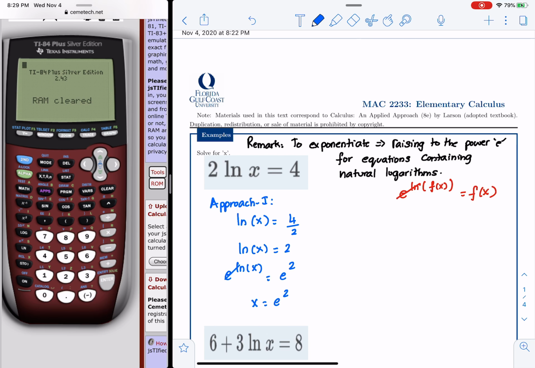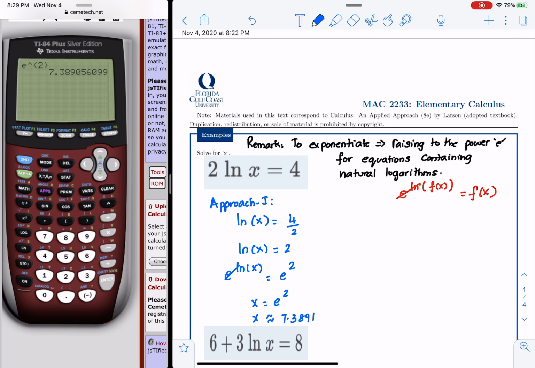And e squared we can easily find using the calculator as 7.39 approximately, or we could say 7.3891 if we want more decimals. That's one way of doing it.